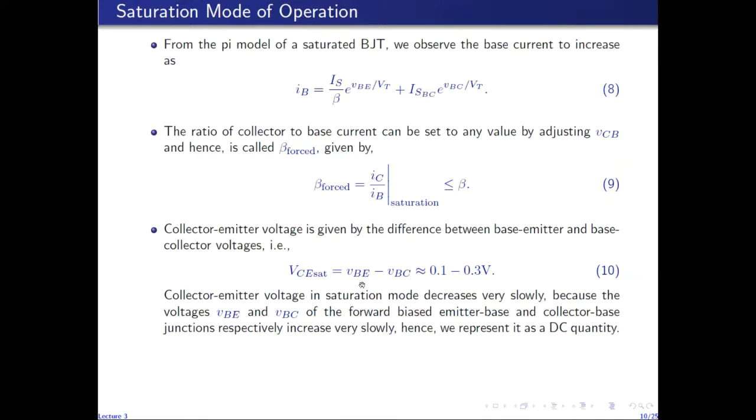This decreases very slowly. As the transistor goes deeper into saturation, VBC increases and VCE sat decreases, but it does so very slowly because VBC increases very slowly. VBE also increases very slowly because the forward bias voltage almost remains constant, and VCE sat decreases very slowly. So we denote it with a DC quantity, VCE sat.